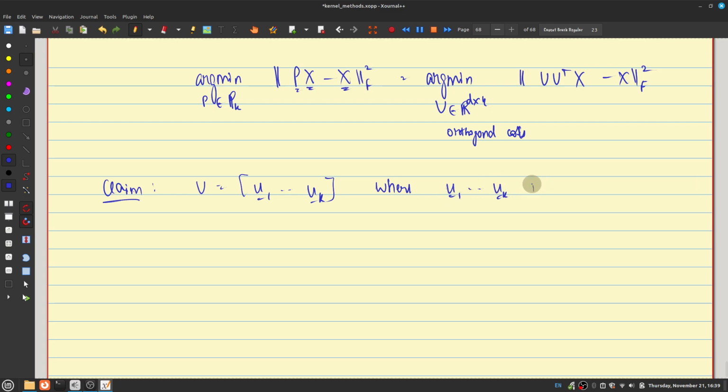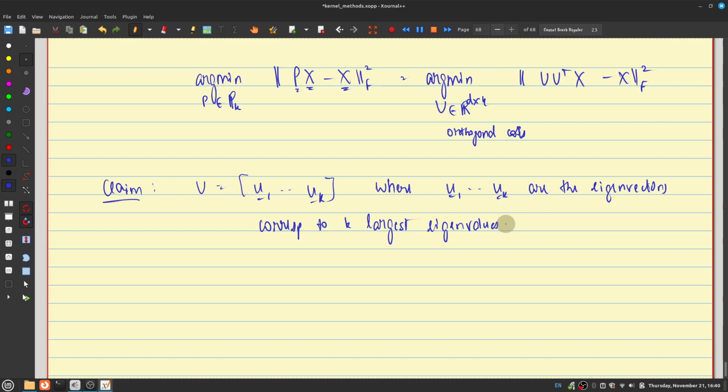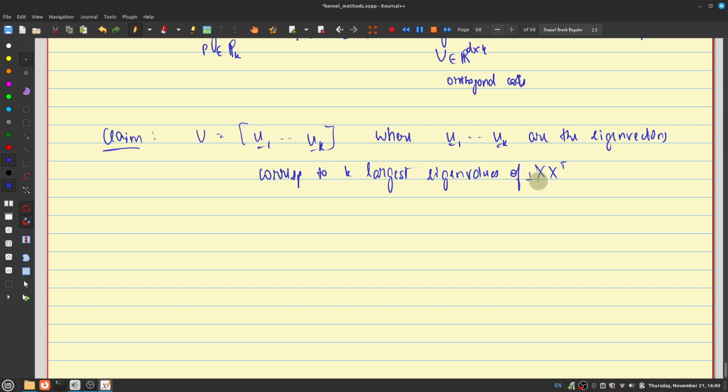Yeah, so these u1 through uk are the eigenvectors that correspond to the k largest eigenvalues of XX transpose, I guess times 1 by n.